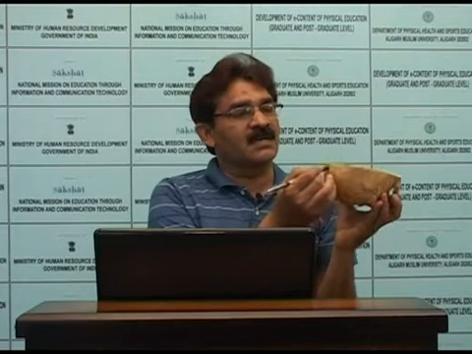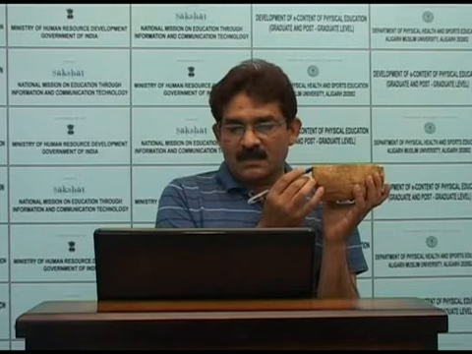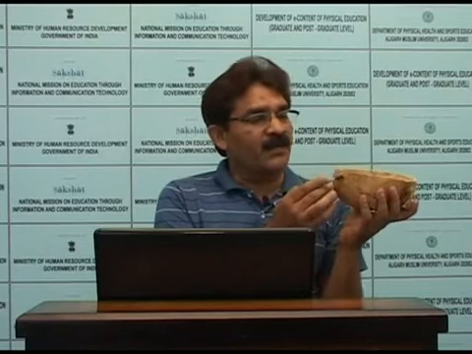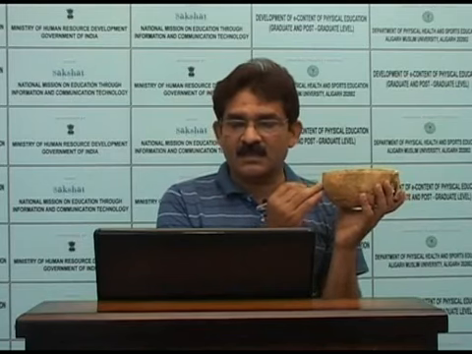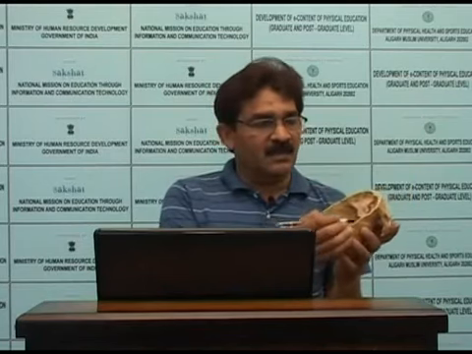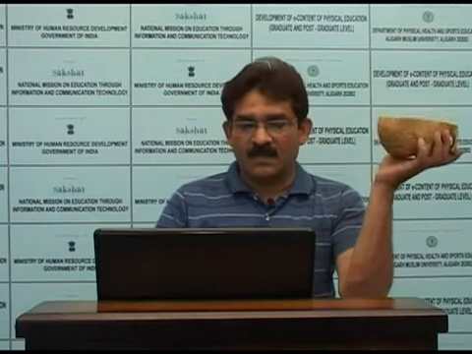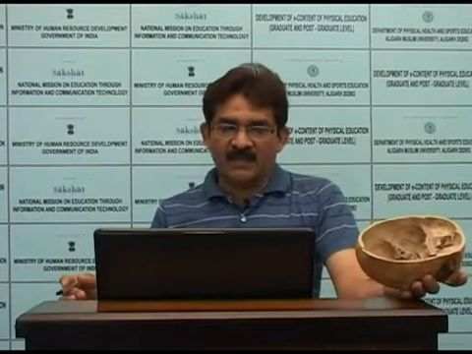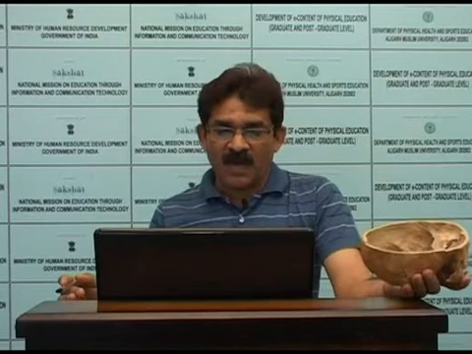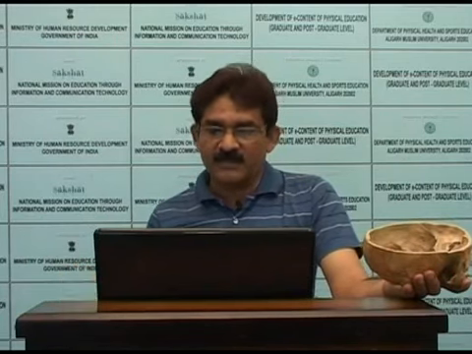Here is the lambdoid suture, named for its shape like the Greek letter lambda. In this area is the coronal suture. Pterion is the site where four cranial bones articulate, with important clinical implications.